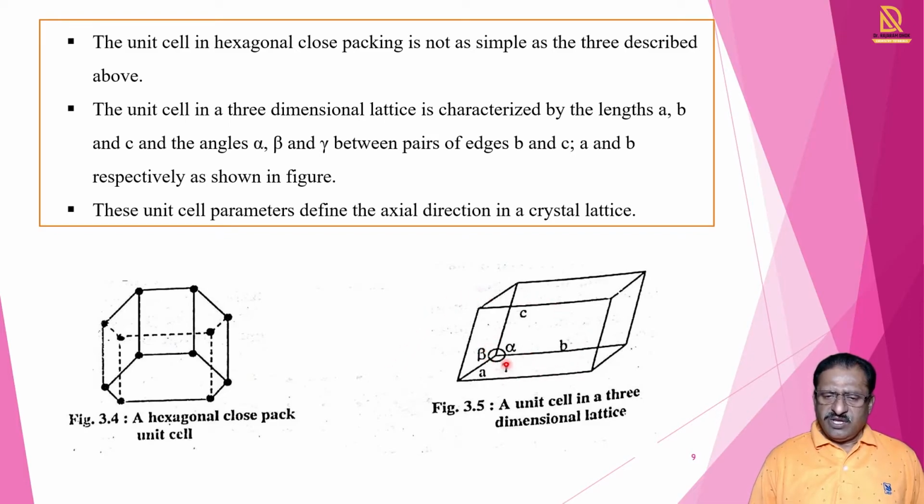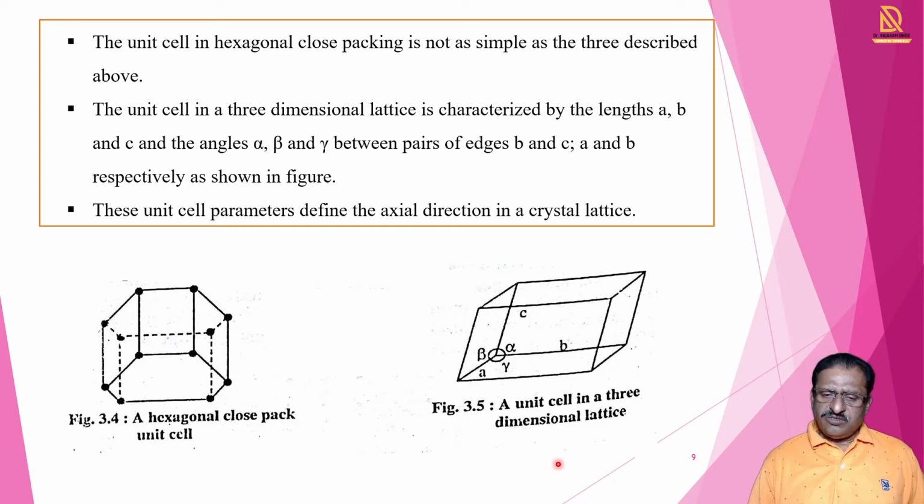You see here that A, B and C are the different lengths of that cube, and there are angles alpha, beta and gamma, and depending upon that, the shape is determined. So unit shell parameters define the axial directions in a crystal lattice.